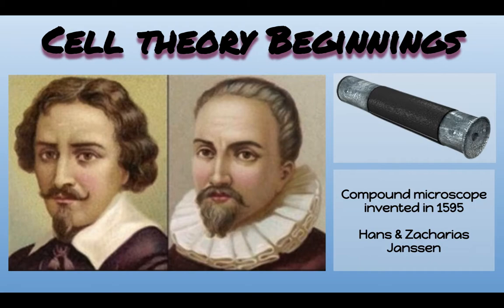So they learned that if you put a lens at one end of a tube and then another lens at the other end of the tube, it could make things significantly more visible. So you could look at something small and it would make it significantly larger, so you'd be able to see. That invention is called the Compound Microscope, and they discovered that in 1595. The Compound Microscope is going to be vital in cell theory.